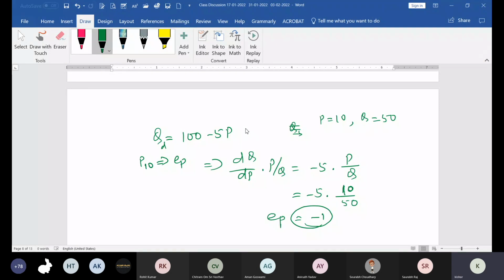It means it is unitary elastic in that example. What happens if price increases by 1%, demand will decrease by 1%. Simple case. And after calculating this, if you feel that you will express elasticity value in a positive way, you can express it in a positive way. If you leave it as it is, that is also okay for me.